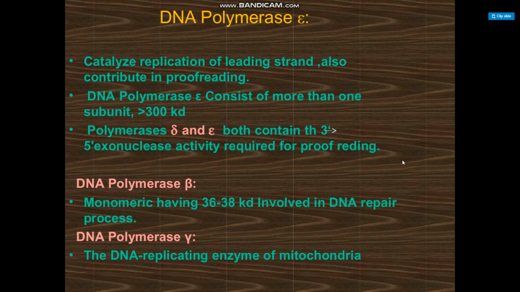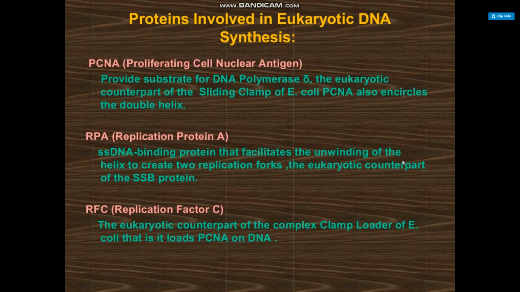Proteins involved in eukaryotic DNA synthesis: PCNA, proliferating cell nuclear antigen, provides a substrate for DNA polymerase delta; it is the eukaryotic counterpart of the sliding clamp of E. coli, and also encircles the double helix.